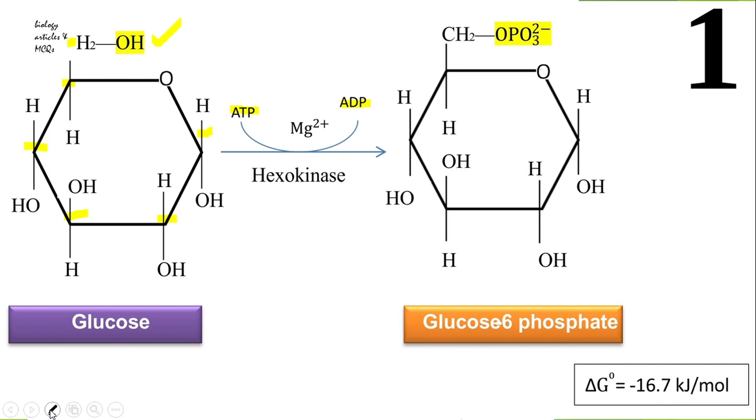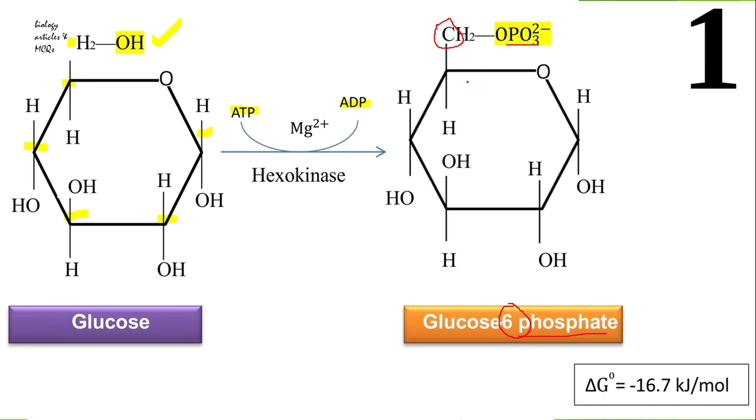Glucose 6-phosphate means that the phosphate molecule is attached to carbon number 6 of the glucose. I have already told you that this is carbon number 6, and this phosphate is attached to carbon number 6 of the glucose molecule.